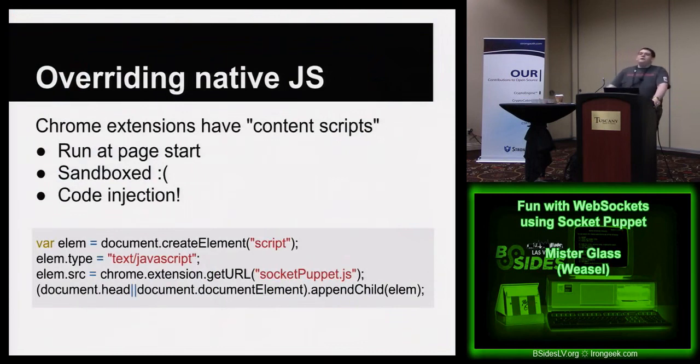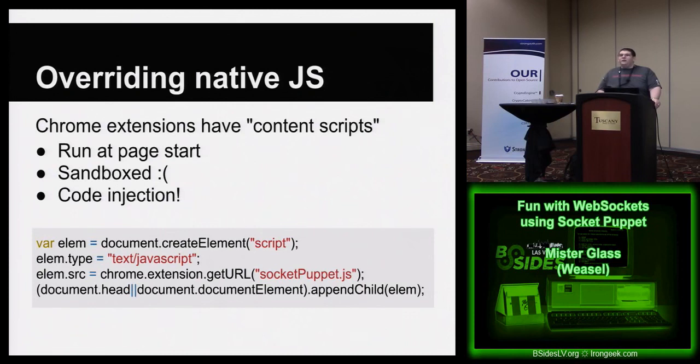So here's how you can do this for yourself if you want to override a different API. This is very basic, but if you have an extension, there's something called content scripts. They run at the initiation of the page, but in a sandbox, so you're in a different DOM than the page. So if you have arbitrary JavaScript running, it won't actually run in the page's environment.